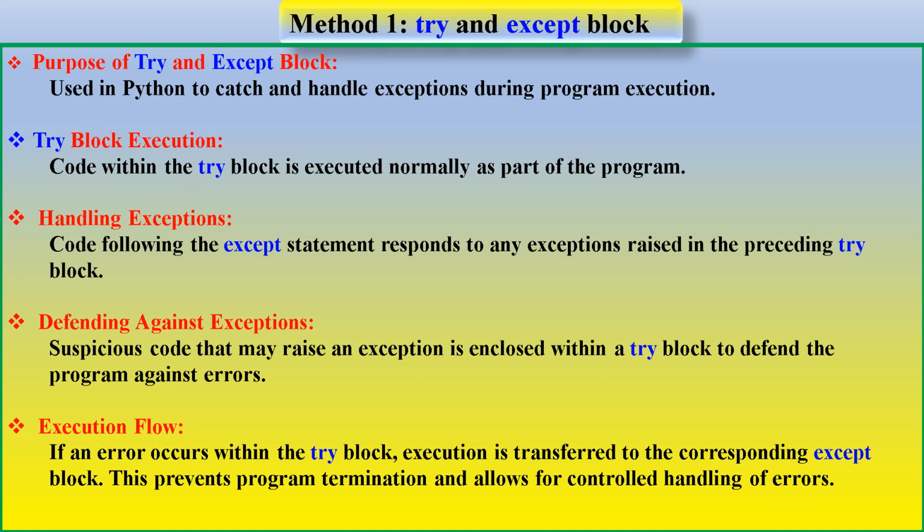Defending against exceptions. Suspicious code that may raise an exception is enclosed within a try block to defend the program against errors. Execution flow. If an error occurs within the try block, execution is transferred to the corresponding except block. This prevents program termination and allows for controlled handling of errors.